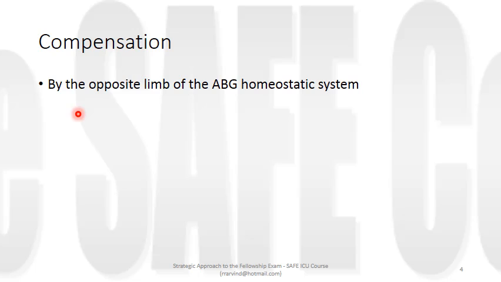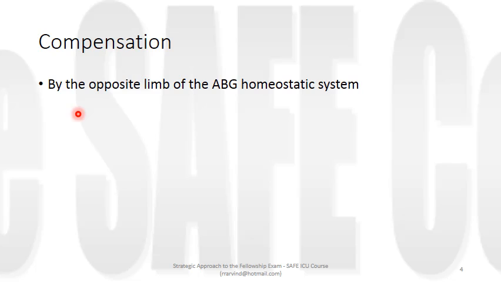What are the two contributing systems to blood gas or metabolic systems? One is the respiratory limb, and the other is the metabolic limb. Compensation always occurs by the opposite limb of the homeostatic system. So if you have a primary metabolic problem, then you'll have a respiratory compensation, and vice versa.